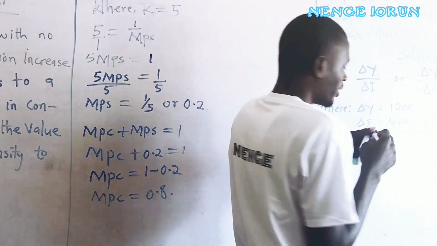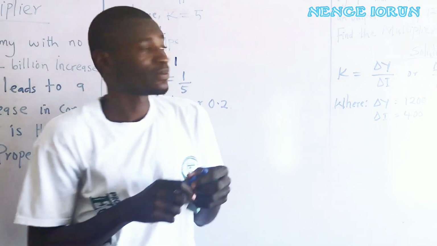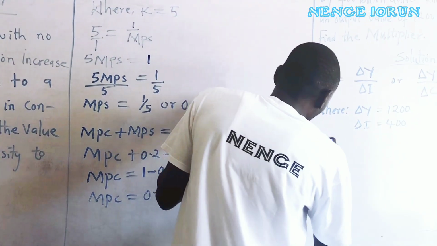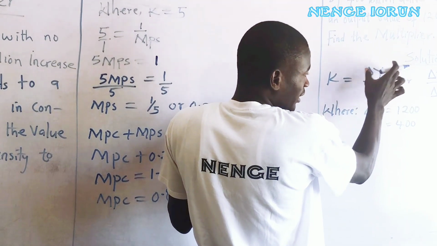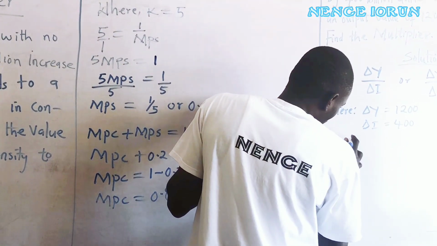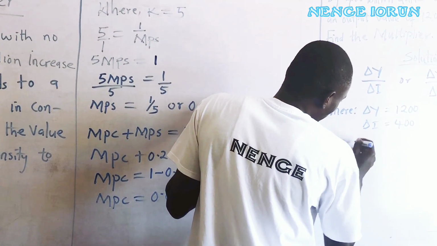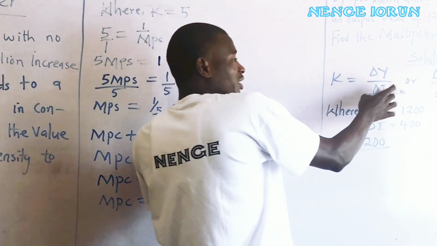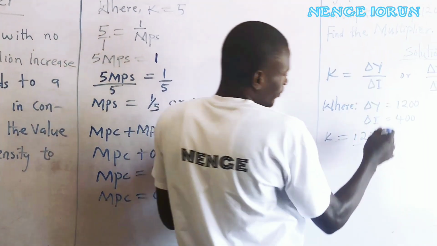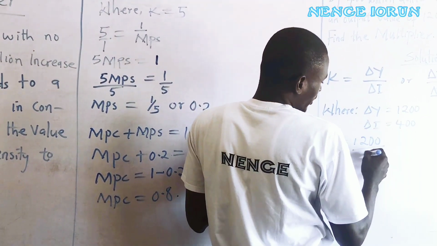Now I want to do substitution. K is equal to, in place of change in national income, put the actual value, 1,200, and in place of change in investment, put the actual value, which is 400.